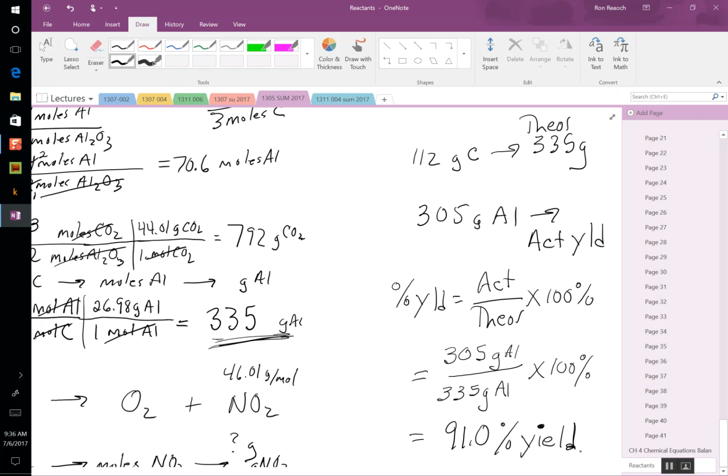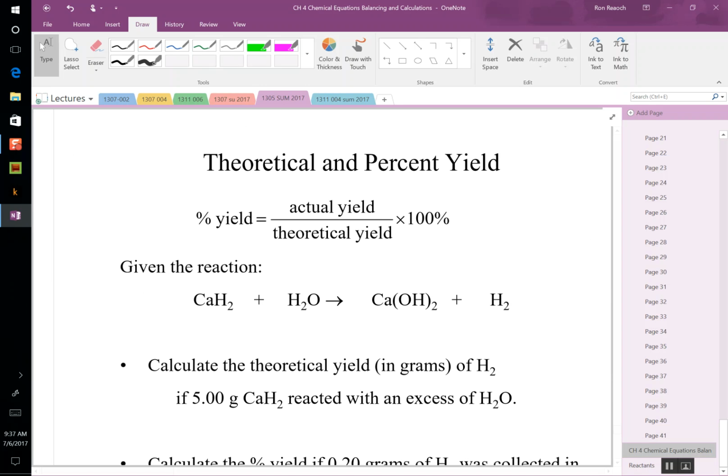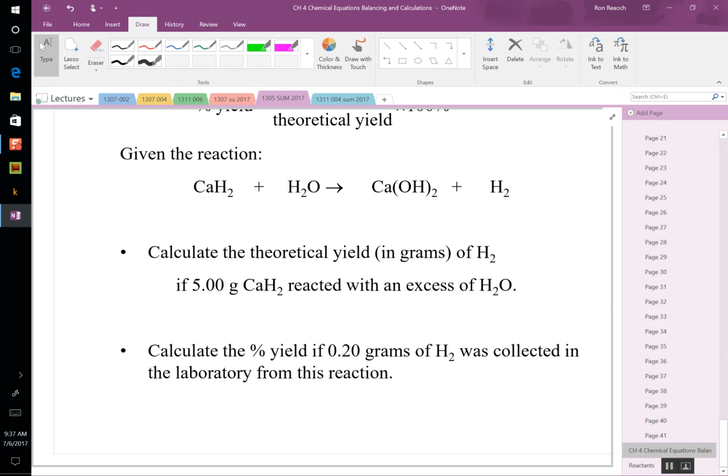So pharmaceutical companies have horrible yields, but what they need is really pure, effective compounds. Industrial companies like steel companies, aluminum companies, they get much higher yields. Okay. All right, so that introduces you to this theoretical, actual, and percent yield concept.